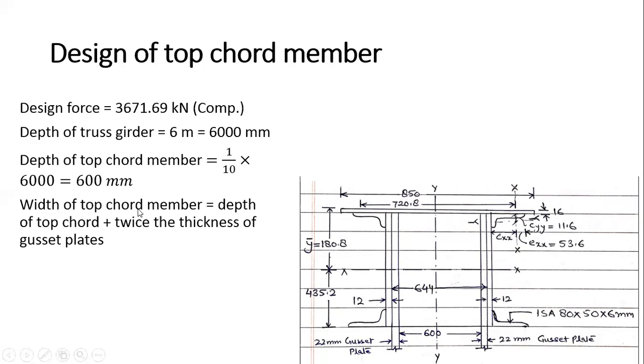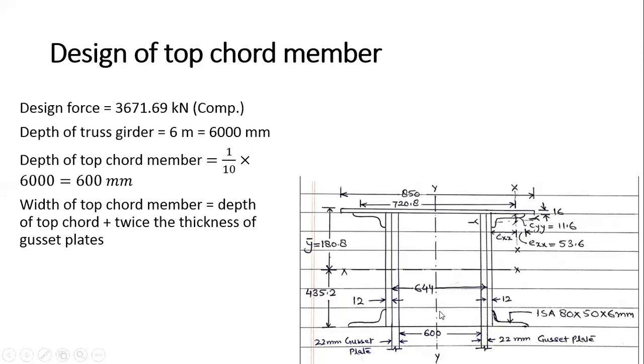Now come to the width of the top chord member. How much width is required here? This width is equal to the depth of the top chord, which is 600, plus twice the thickness of the gusset plate. Generally we take the thickness of the gusset plate as 22 millimeters. So this is my gusset plate, 22 millimeter here and 22 millimeter here.